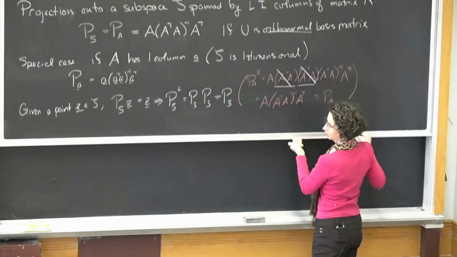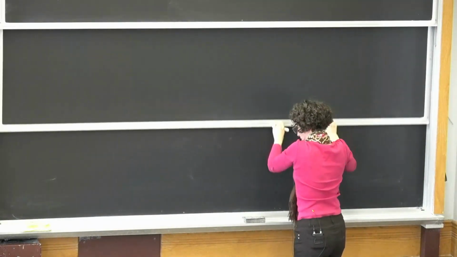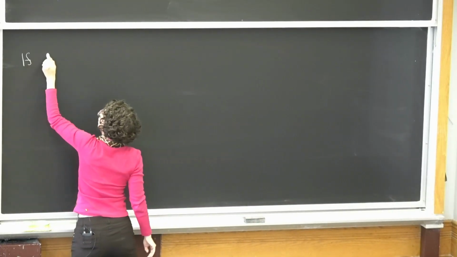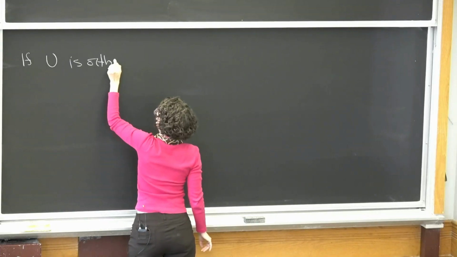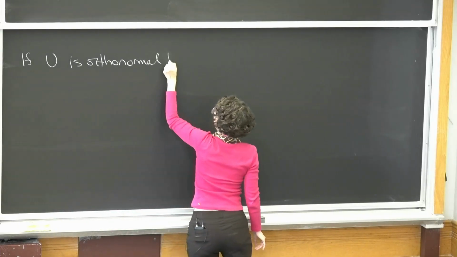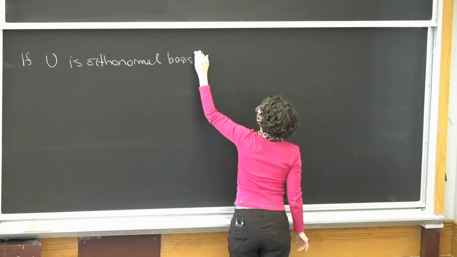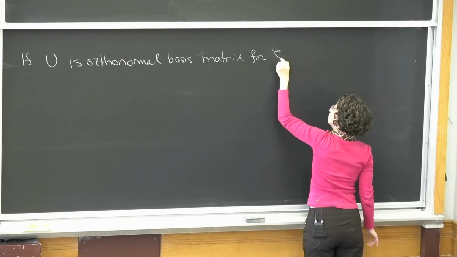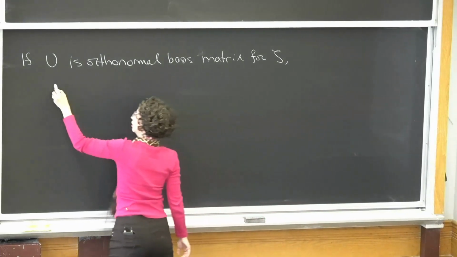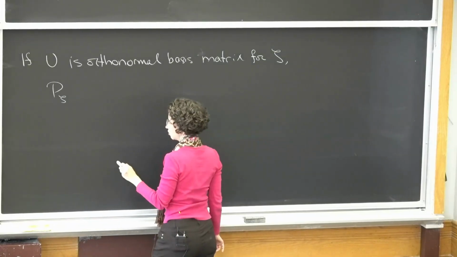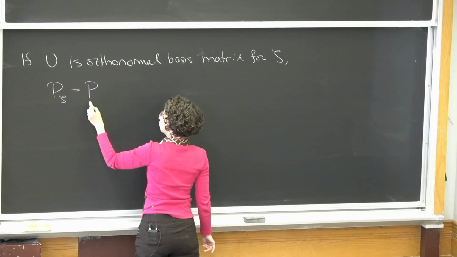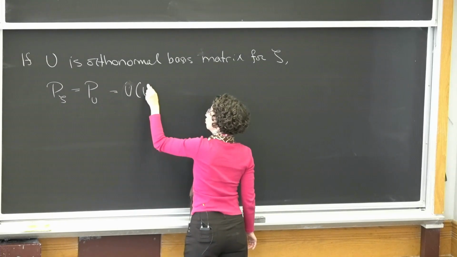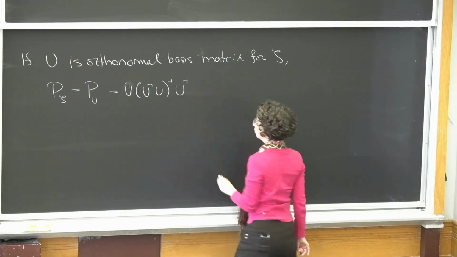Now suppose U is an orthonormal basis matrix for our subspace S. Then the projection onto S corresponds to the projection matrix, and we can write down our formula, which was just U times (U transpose U) inverse times U transpose.